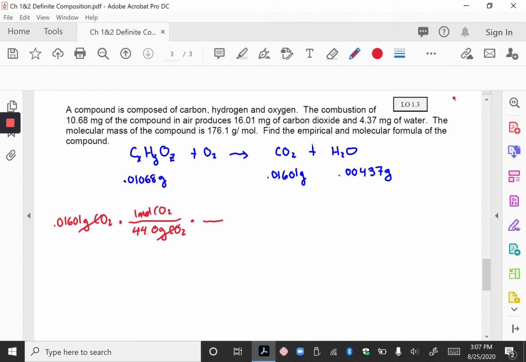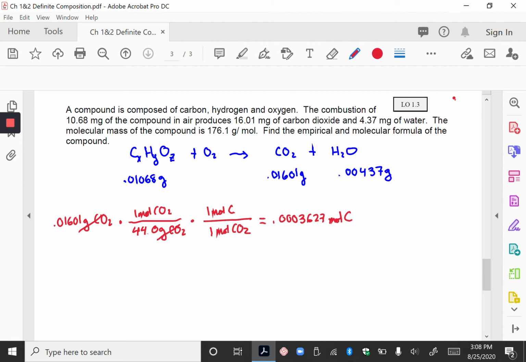And so I can say, well, for every 1 mole of CO2, how many moles of carbon are in 1 mole of CO2? 1 mole of carbon. And so that gives me 0.0003627 moles of carbon. Great.